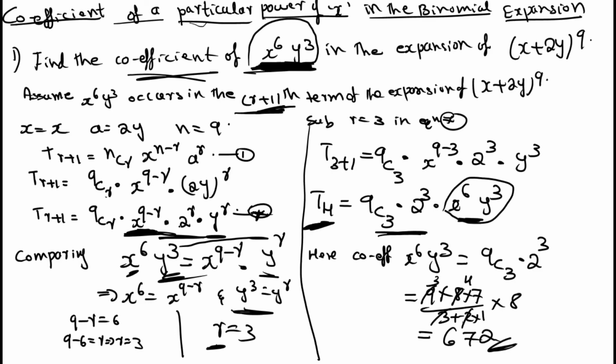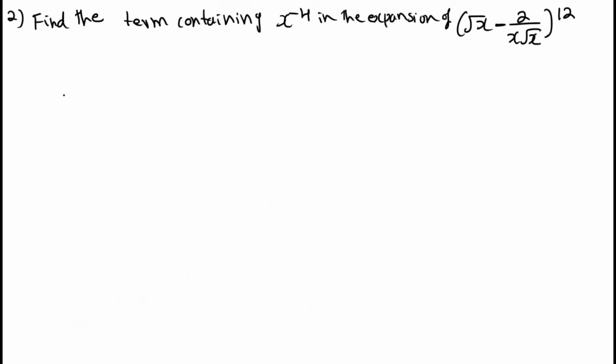In the next step, compare the given question with the general term. Comparing, that time you will get R value. Again substitute R value in the general term equation. Simplify, then according to the question write the coefficients. Okay, see the next problem.